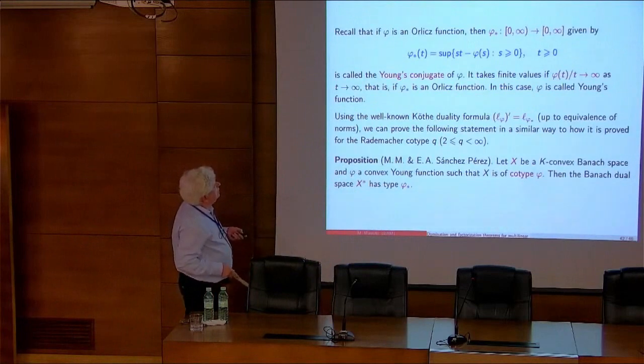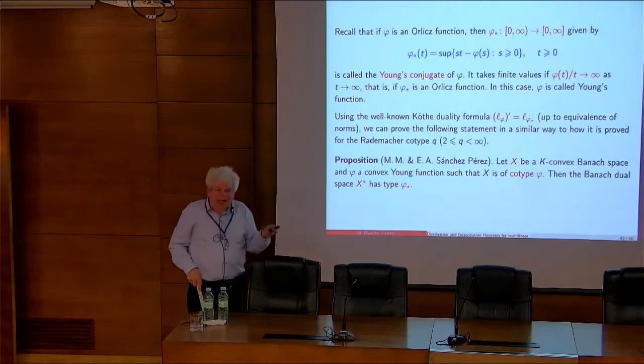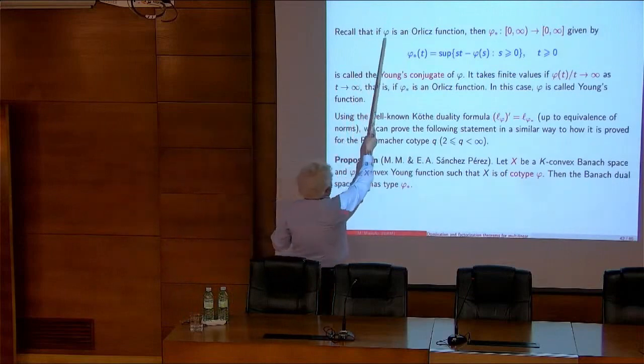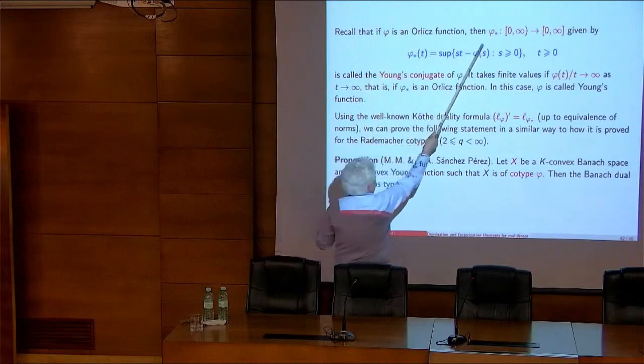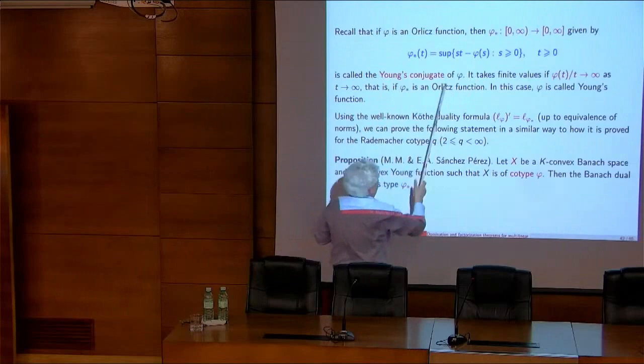So now the question is, what about examples? How to produce examples of spaces with non-trivial Rademacher Orlicz type? If we have a given Orlicz function, so convex, we define the conjugate function in the sense of Young, the following.